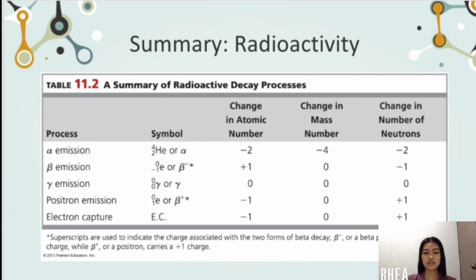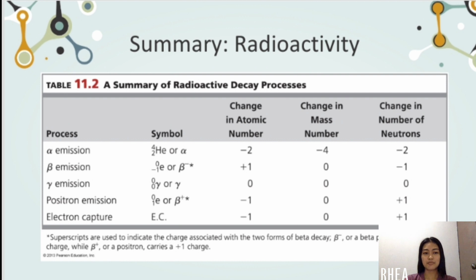So this is the summary of the radioactive decay processes. We have the process and its corresponding symbol, and then we have the changes in atomic number, mass number, and number of neutrons for each process. In alpha particle emission, the change in atomic number is -2, the change in mass number is -4, and the change in number of neutrons is -2.